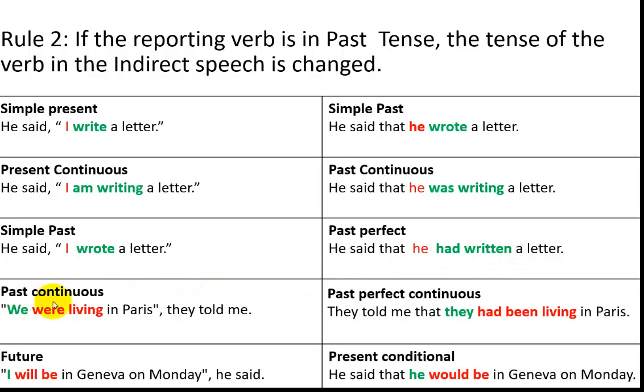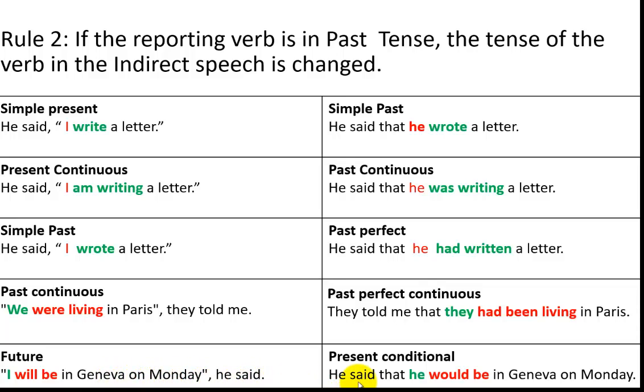If it is in past continuous: "We were living in Paris," they told me. Then it will change into past perfect continuous. The indirect speech will be: they told me that they had been living in Paris. If it is in future: "I will be in Geneva on Monday," he said.